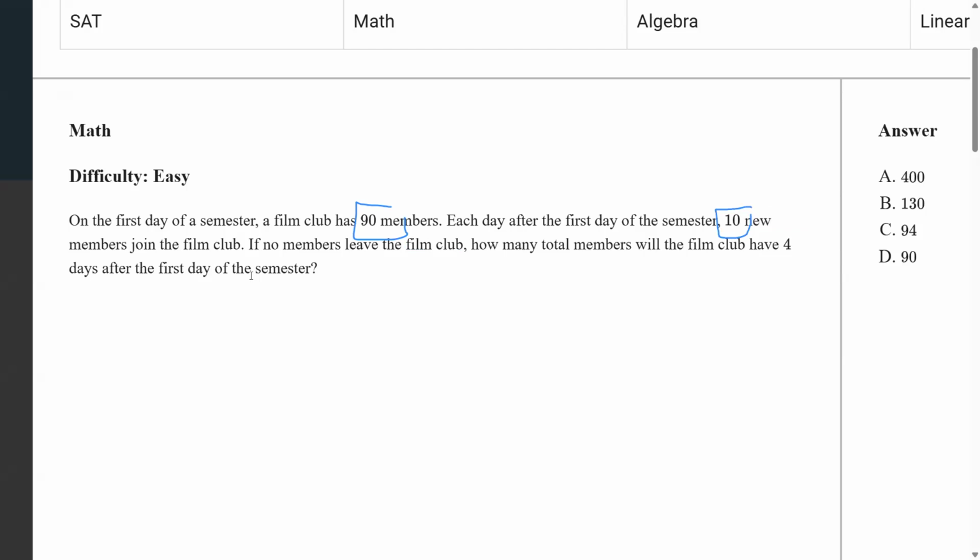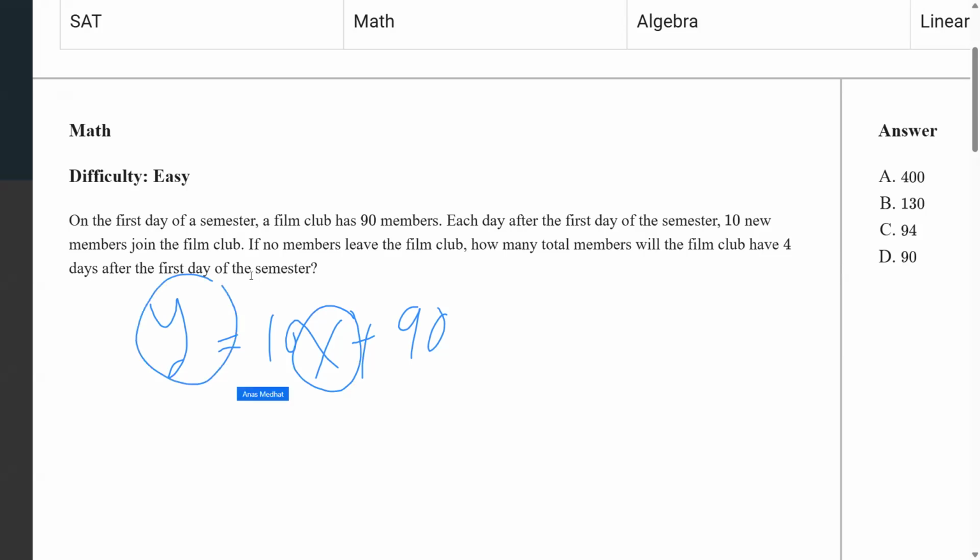So y equals 10x plus 90, where x is the number of days, because 10 new members join each day, and y is the total number of members. Substitute x with 4. 40 plus 90 gives you 130, which is the answer.